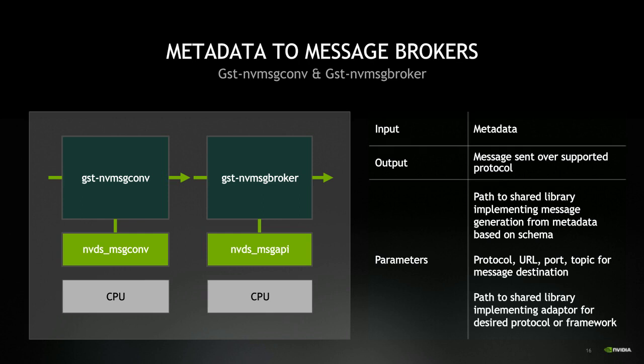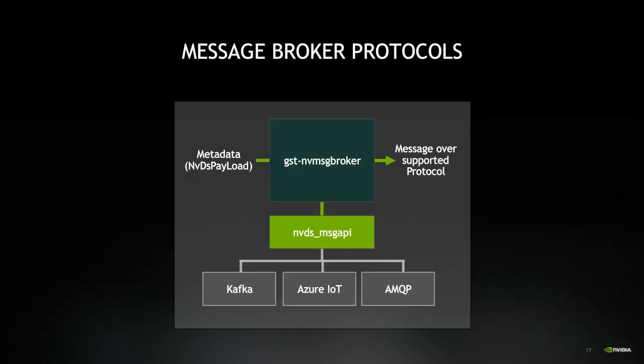Let's dive into the different protocols that are available in DeepStream 4.0. We realize that connecting to a cloud service is extremely important for an IoT application. As a result, in addition to the Kafka protocol adapter, which was supported in DeepStream 3.0, for 4.0 we're adding support for framework-specific clients, such as Microsoft Azure IoT. This uses the MQTT protocol.